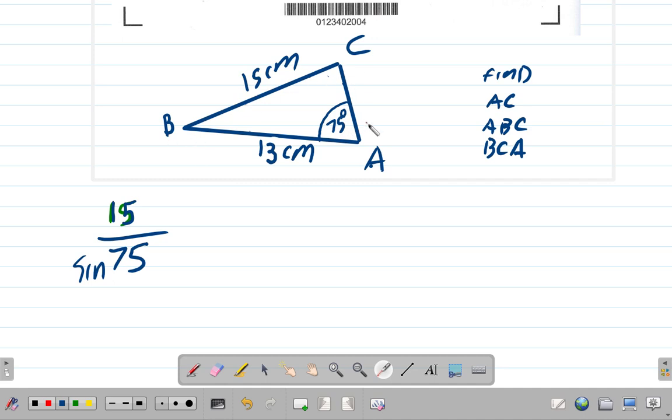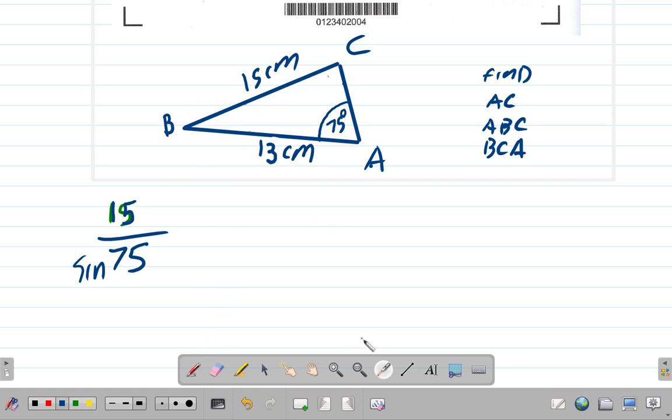The 15 is not adjacent to it. AB runs alongside the 75, brushing against the edge of the 75. Also, AC rubs against the side of the 75. But 15 stays far away from it. It doesn't come anywhere near the 75 degrees here. So it's opposite to the 75.